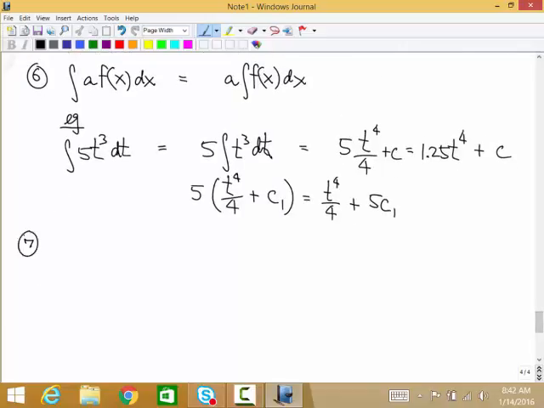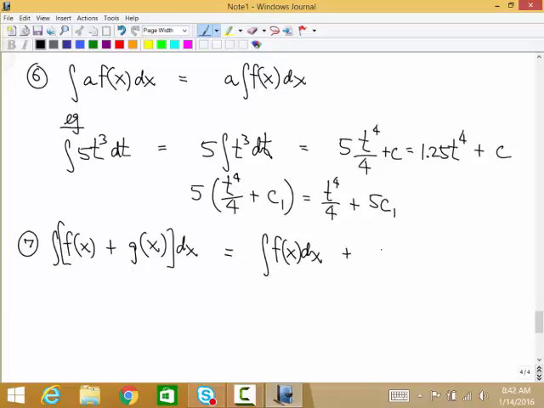Okay, getting close. 7, integral of f of x plus g of x dx is equal to the integral of f dx plus the integral of g dx. So 6 and 7 together say that integral is a linear operator.